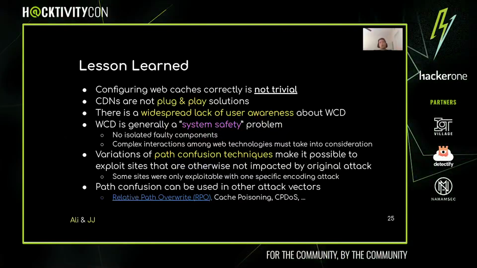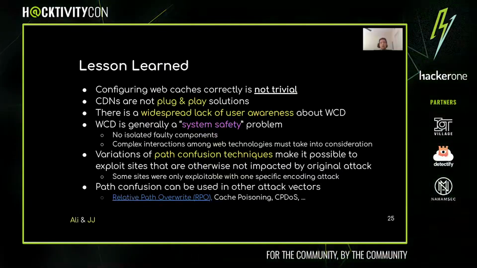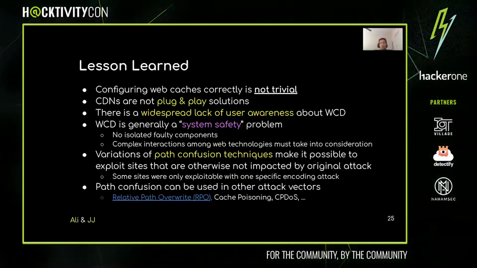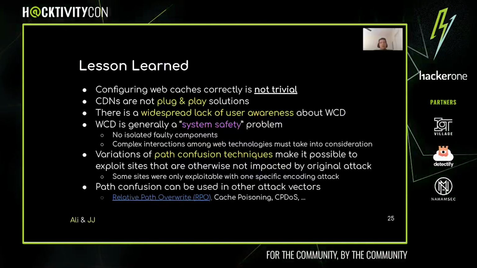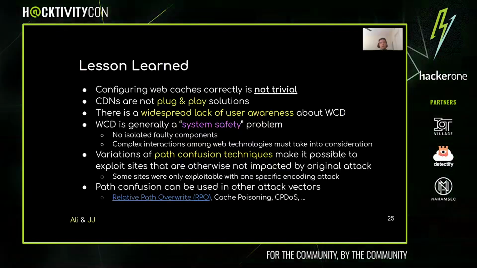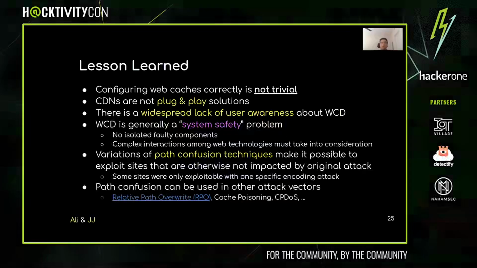And at the end, path confusion can be used in other attack vectors. In 2018, we showed that relative path override, RPO, can also use path confusion. Path confusion can apply in these attack techniques and increase the chance of exploitability. Path confusion can apply to caching, to cache poisoning or CPDoS and other attacks.